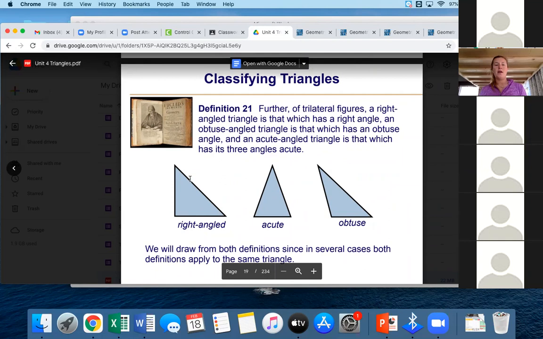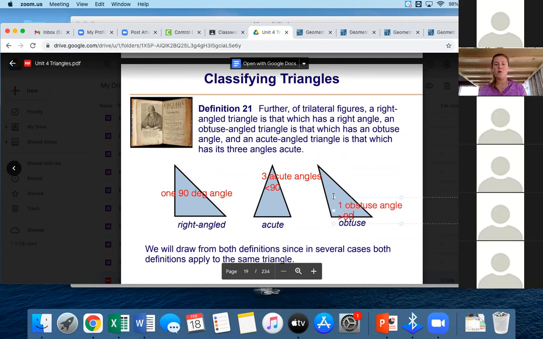So for a right triangle, you have 1 90-degree angle. For an acute one, you have 3 acute angles, which means that they are less than 90. And for obtuse, you have 1 obtuse angle, which means that one of the angles is greater than 90.